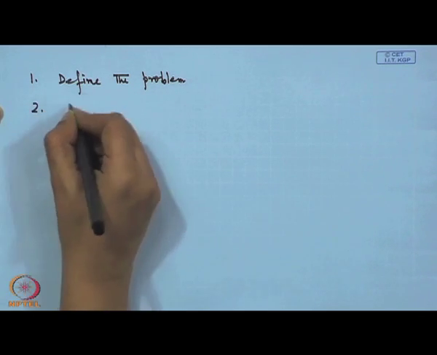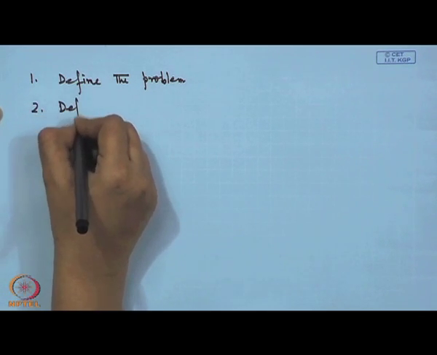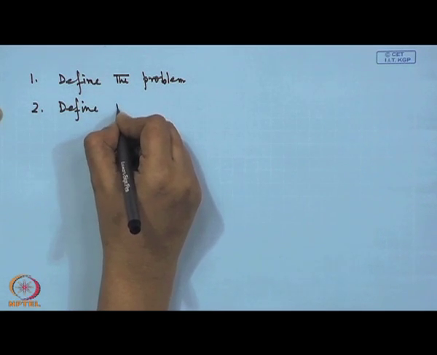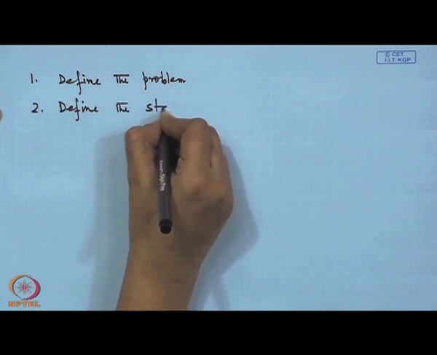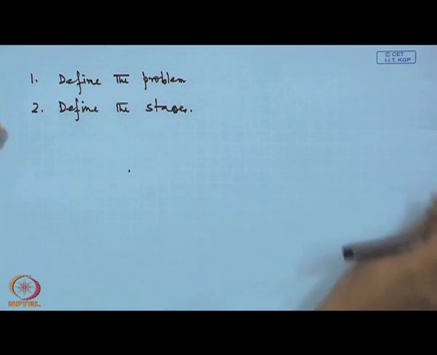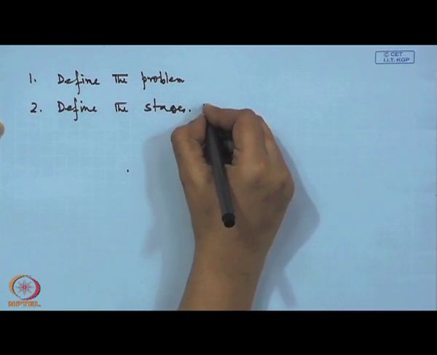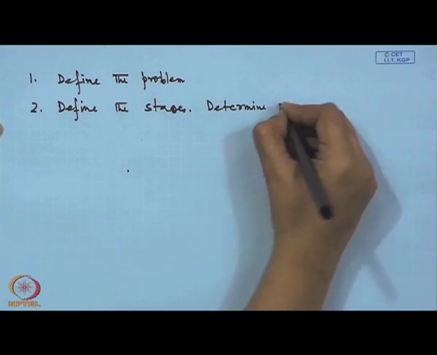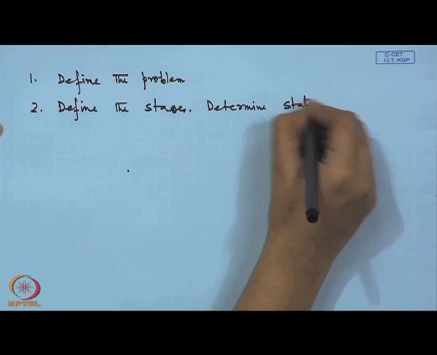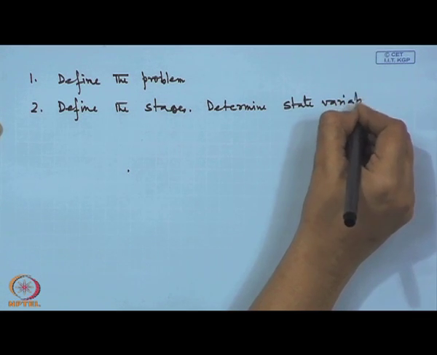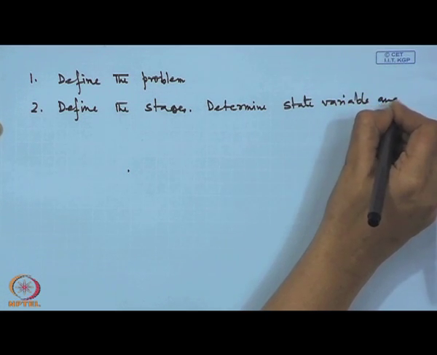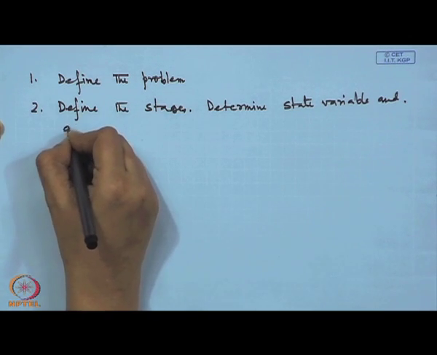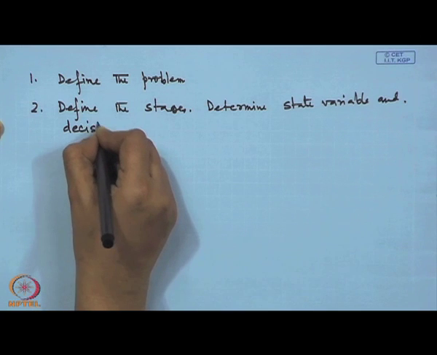Then decompose the whole problem into several stages. Once stages are fixed, we need to determine state variables, and we have to fix the decision required at each stage.